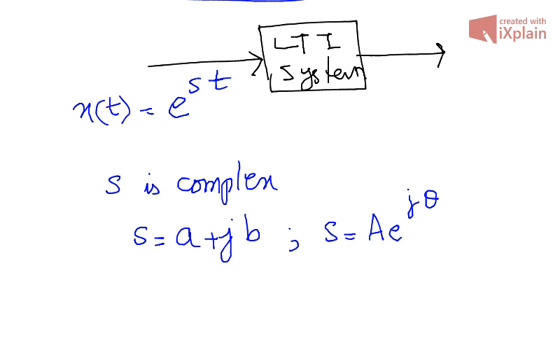So if you give a complex exponential to the LTI system, the output y of t is also a complex exponential, but its magnitude is modified here.